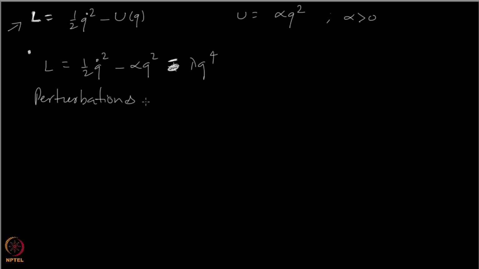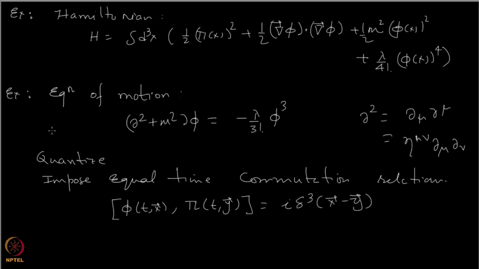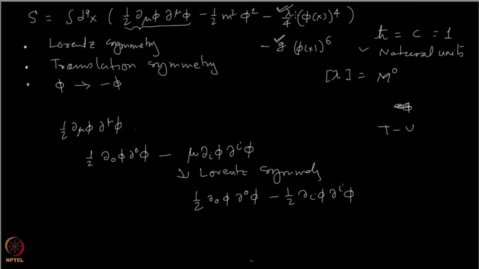When we are studying perturbations, that's the same strategy we will adopt to study our Phi-4 theory. So what we would want to know is, if this parameter lambda, the coupling constant, is small, then how do things look?